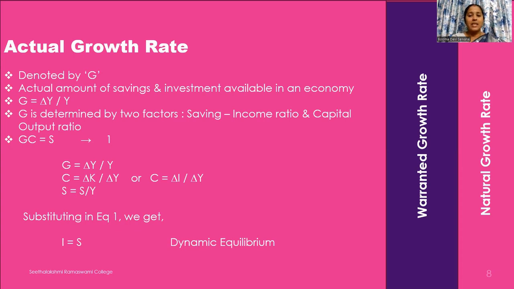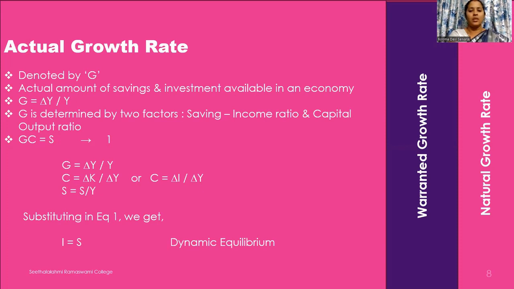S is the savings investment ratio, which we can write as S equals S by Y. By substituting these values in equation 1, we will get I equals S. This equation, the equality between savings and investment, is a necessary condition for achieving steady growth. It is also called the dynamic equilibrium.